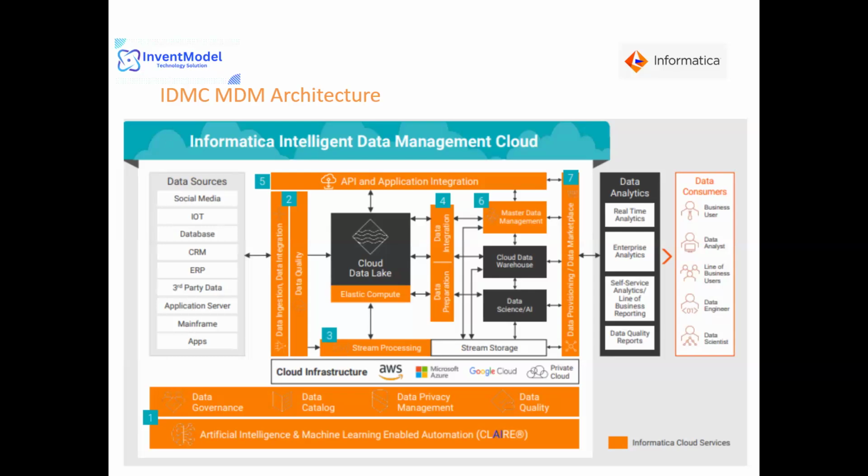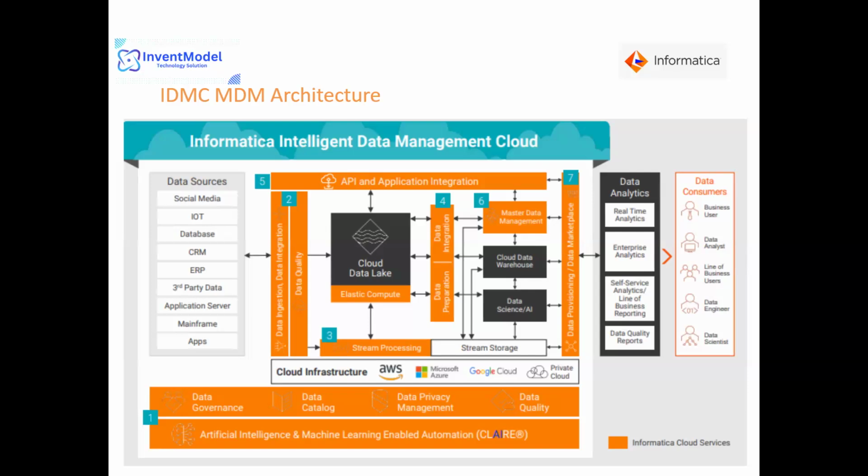Then we are processing that data ingestion. Data ingestion is just like extracting our data; we can integrate our data. Another one is data quality. After this, we are doing our data quality, and it will do some stream processing, and we are passing that data into the elastic compute.